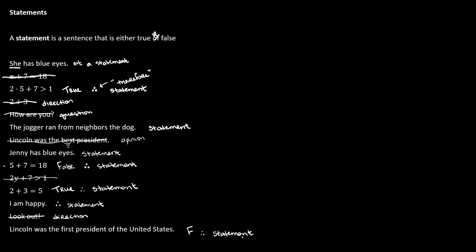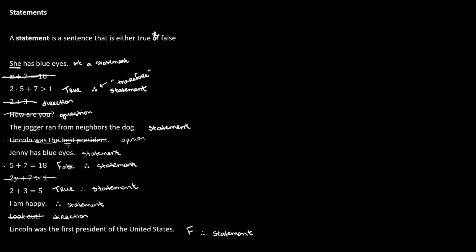So deciding if something is a statement or not, what you need to do is ask yourself, is this something that is true all the time? Or is this something that's false all the time? And if the answer is yes for one of the two questions, then it's a statement. If, however, you say, well, I don't know because I don't know who she is, or I can't decide if this is true or false because it's a direction that's being given to me, or this is a question that you're asking me.